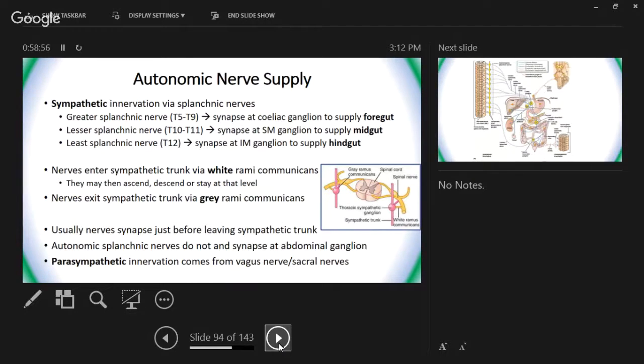Probably not. The nerves enter the sympathetic trunk via the white rami communicantes, then they can go up and down, and they come out via the grey rami communicantes. White comes first. I remember it like putting on white at the start of the day: it's fresh, but maybe dirty by the end of the day.